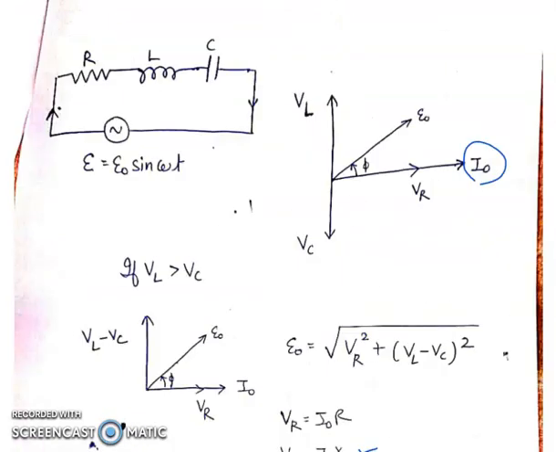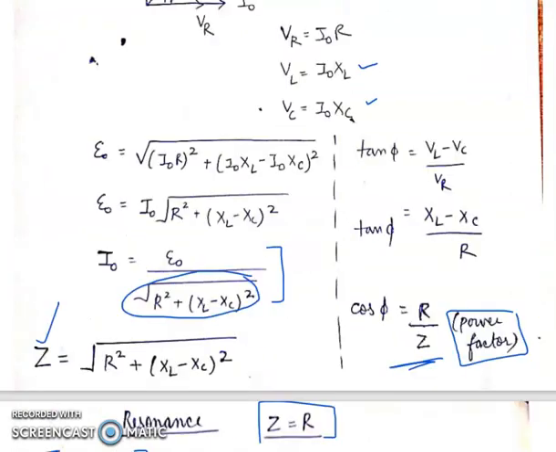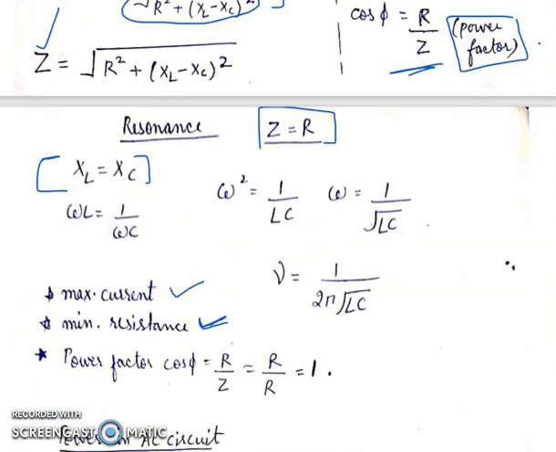So they will cancel out each other and Z will be equal to R. Omega L is equal to 1 by omega C. From here we can find the resonant frequency, which will be nu is equal to 1 by 2 pi under root LC.